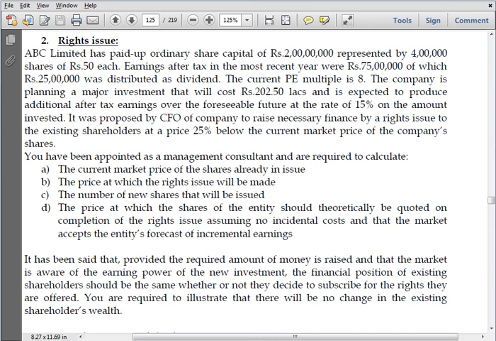Next point, the market price will increase by the amount of positive NPV with the announcement of project.